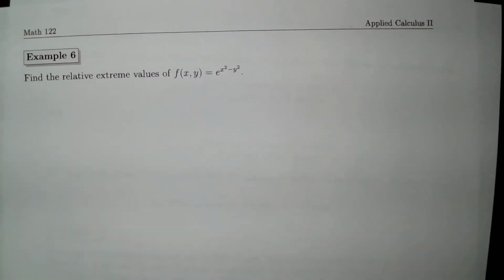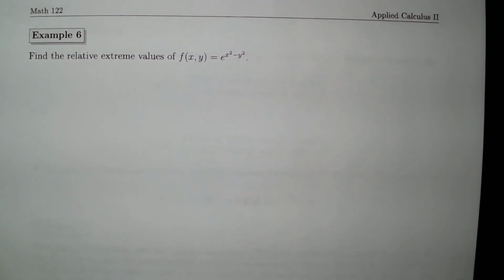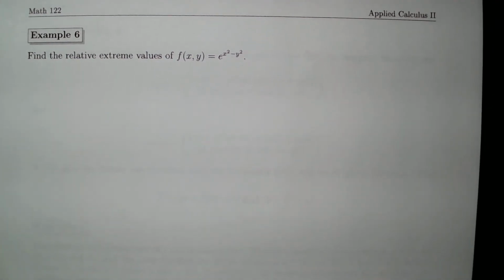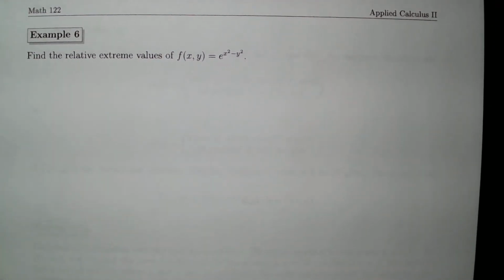And the next one is going to be a very interesting one. It's going to be a little bit more involved with calculus and writing expressions. So we are going to look at the case in which f of x, y is an exponential function.